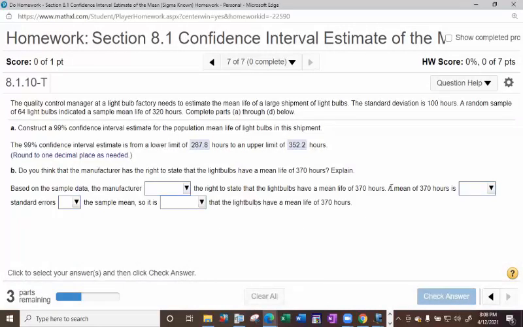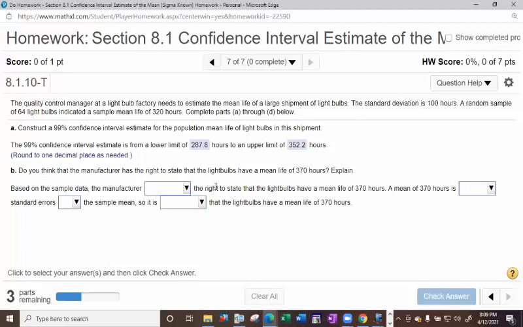Now, I didn't mention this, and maybe one day I'll go back and add this to the notes, but that's why I'm glad we're doing these. I don't really put this as a test type question, but it's not a bad concept to know. The idea is that if you think you can claim that something's going to be a certain amount, which we're going to talk about when we learn about hypothesis testing in the next units starting next week, the number needs to fall in your interval.